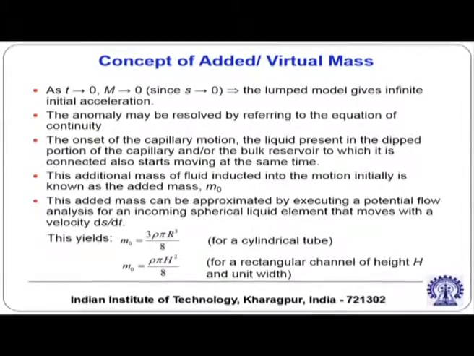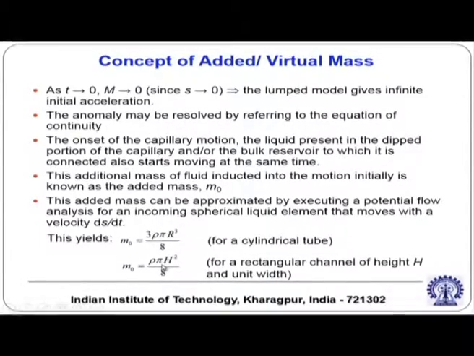So this yields the following expressions for the added mass, one for a cylindrical tube and one for a rectangular channel of height h and width 1, that is, basically a parallel plate channel. For these two types of channels, these are the expressions.